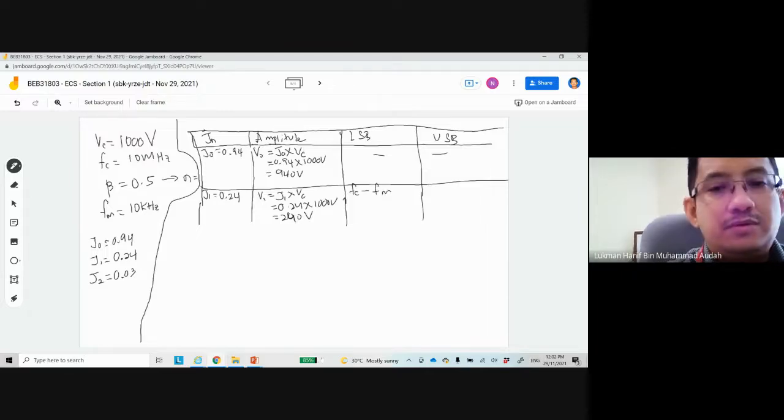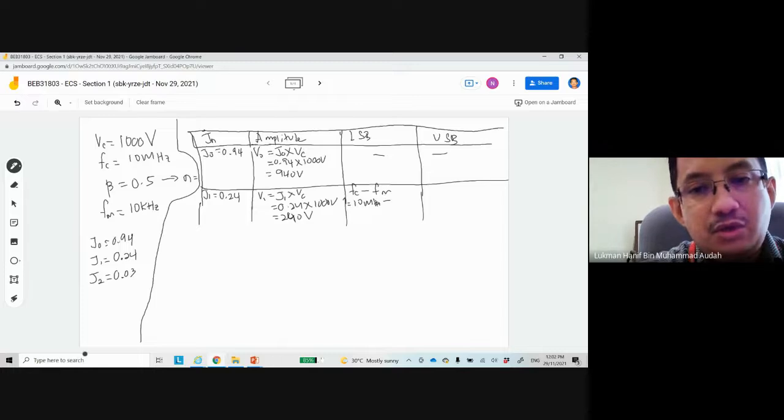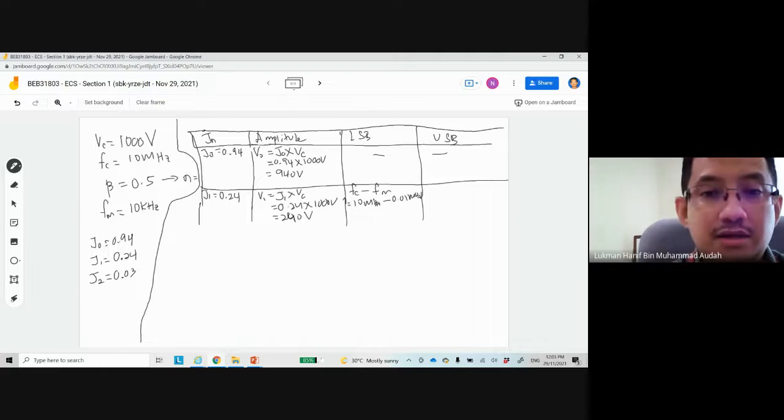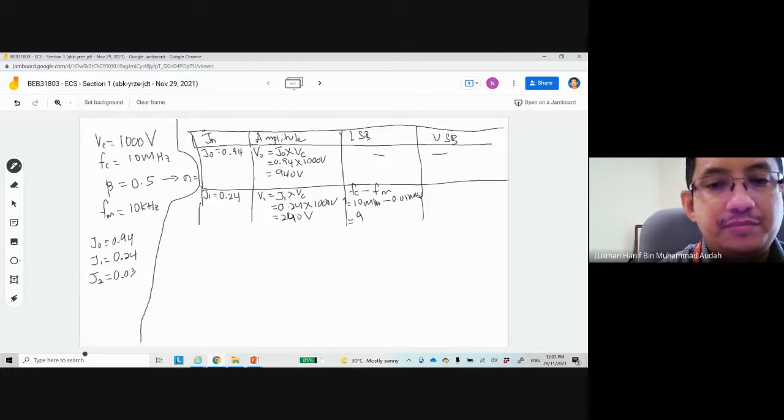Fc is 10 megahertz minus Fm, which is 10 kilohertz, equal to 0.01 mega. So we make the units the same, mega and mega. That means this is 9.99 megahertz.